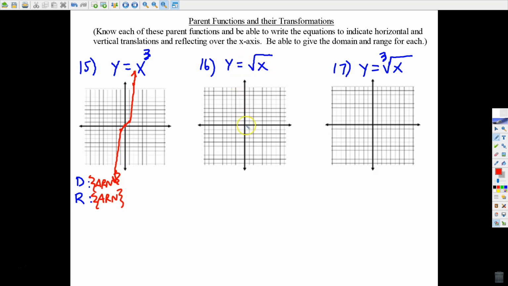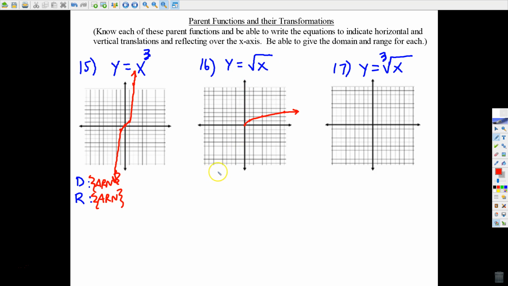Okay, this is the square root function, so if you input 0, you get output 0, input 1, output 1. We typically say, let's choose some inputs that are perfect squares, like 4, input 4, output 2, input 9, output 3. So the square root function looks like this. The domain is not all real numbers because we can't input negatives.